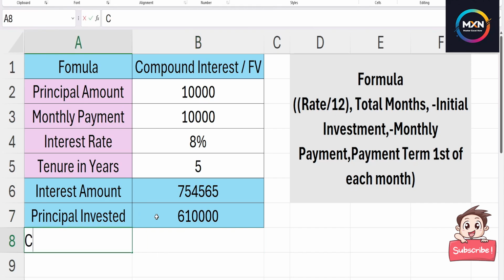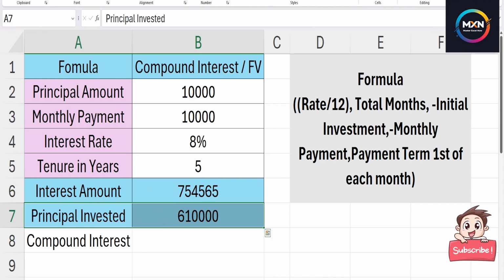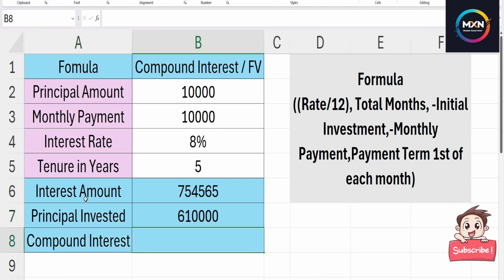Hence, your compound interest, this is interest amount minus principal. Sorry, yeah. So your compound interest is equals to this value minus this. So 144,565 is your total interest, compound interest.